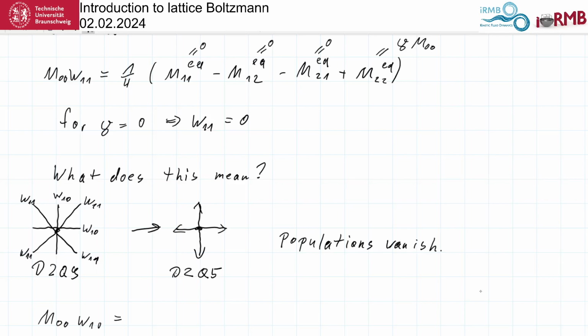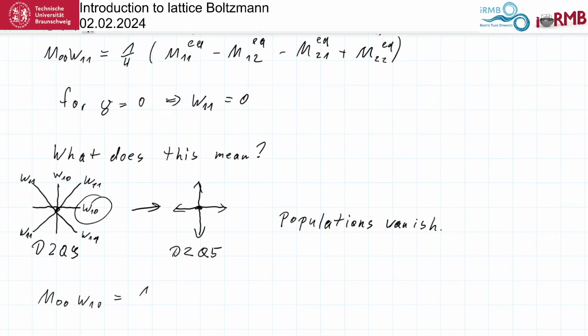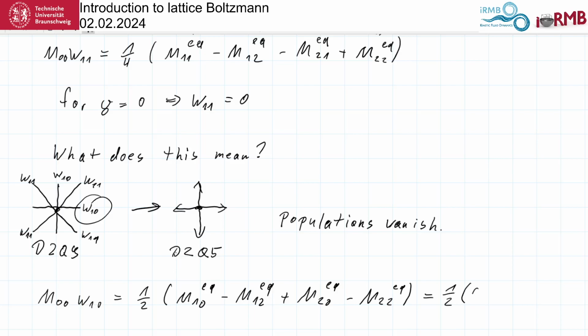M00 W10. So this is the weight, that one is equal to 1/2 (M10 equilibrium minus M12 equilibrium plus M20 equilibrium minus M22 equilibrium), and this is equal to 1/2 (theta minus gamma) M00.